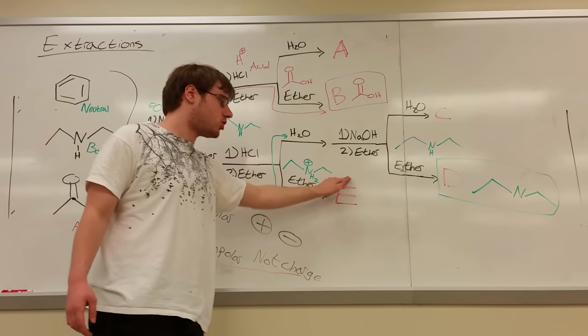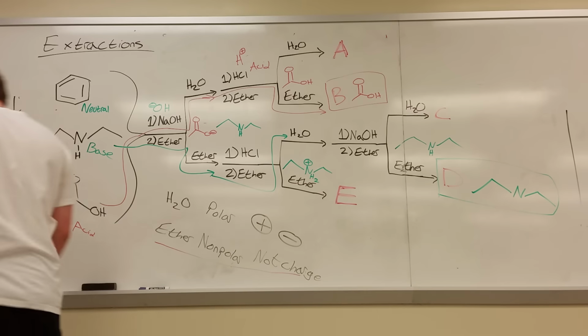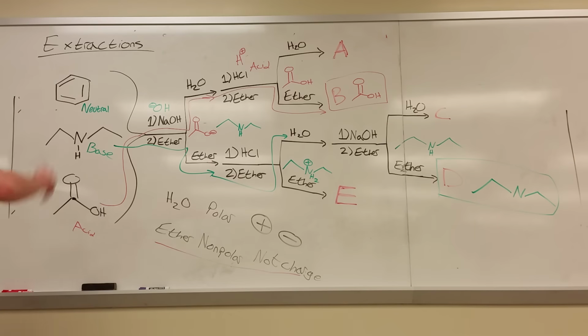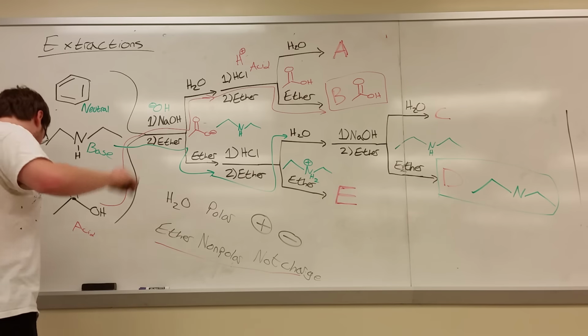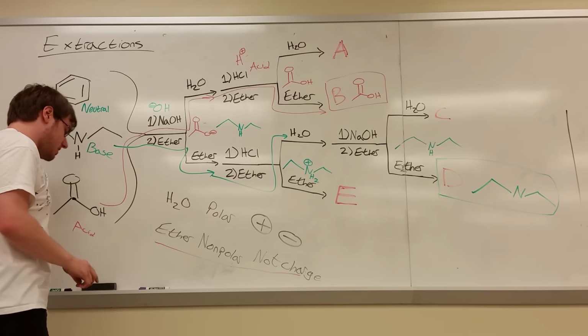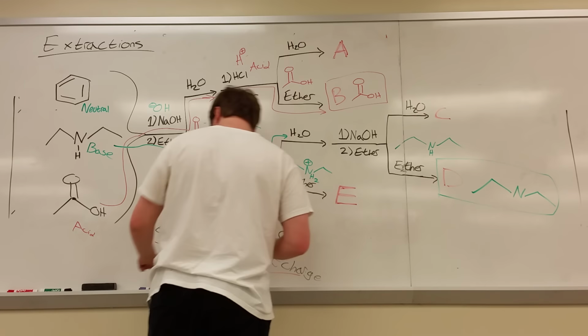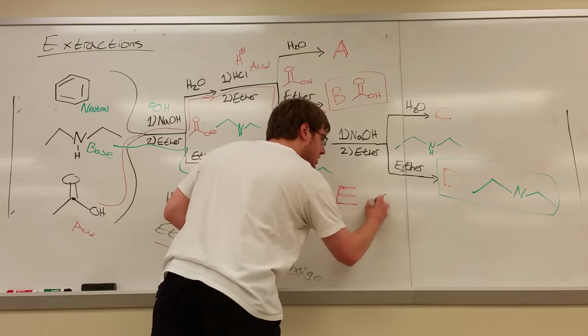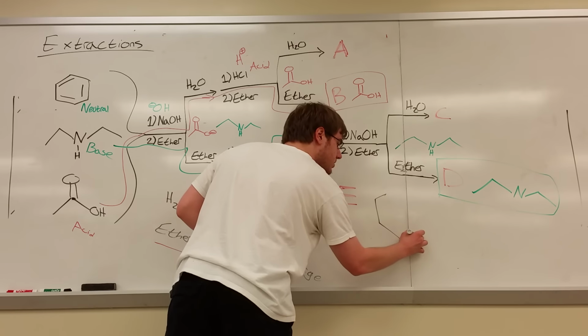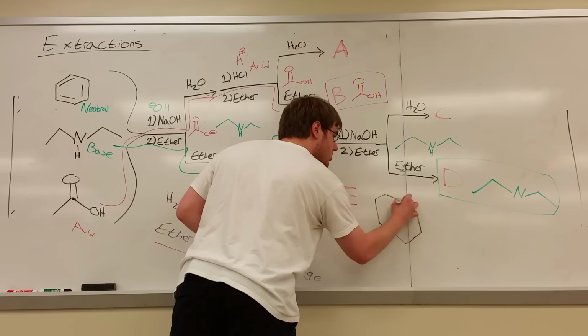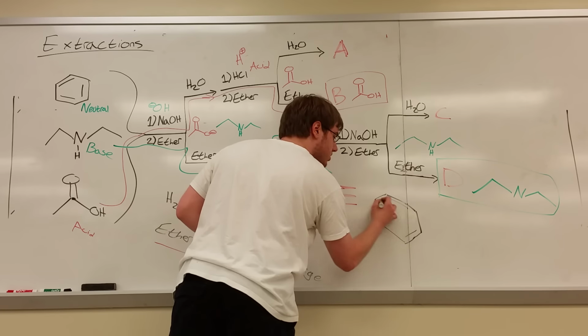It remains uncharged and dissolves in the ether. So in general, your neutral molecule will just travel the ether route every step of the way. There are some technicalities to this, but generally I don't see them. So we know that the benzene should end up in E, because it will never end up getting a charge from either the acid or the base.